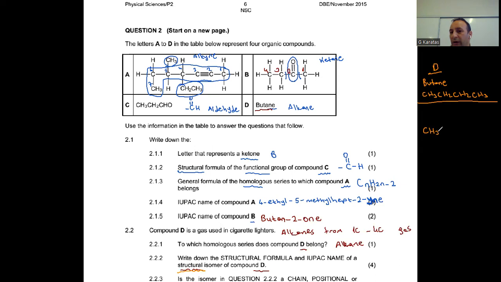On the second carbon, let me shift to the structural formula. Here we write the first carbon. This is my second carbon, and I make a branch on the second carbon as a methyl group. So I made my branch, and then I have 1 more carbon atom.